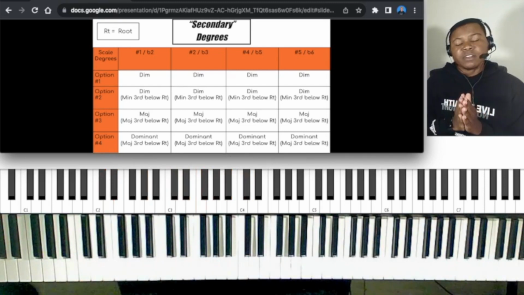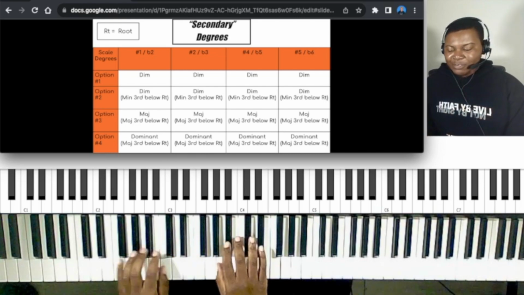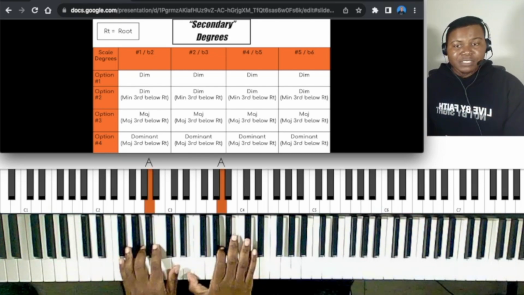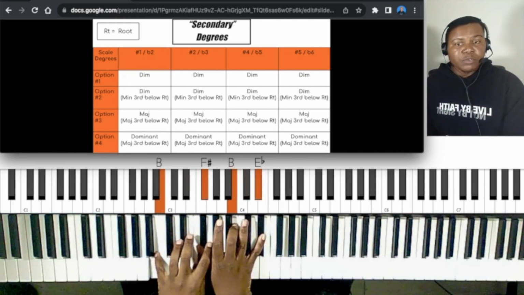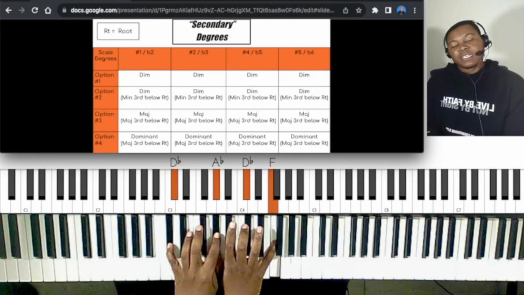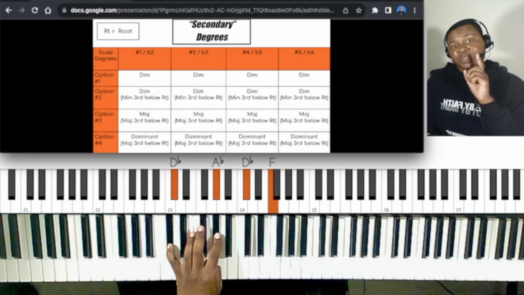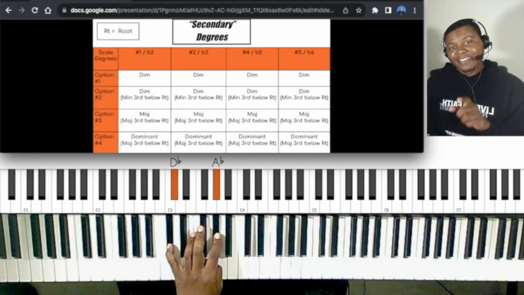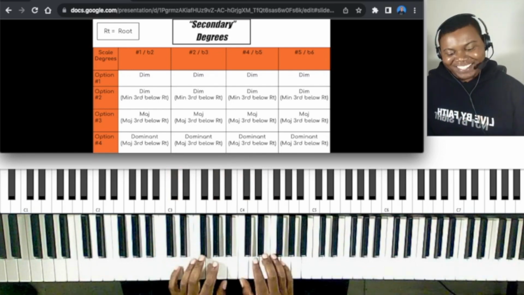And you just want to always have those options. And not only do you want to know where to put these things, but you want to know all the different chord quality options that you have over said degree. And that's what we're going to talk about for the secondary degrees and for the primary degrees next video.